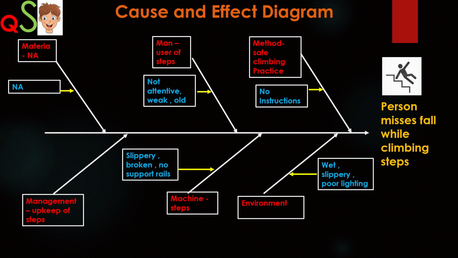Environment, poor lighting, wet surface, worn out steps would mean more likelihood of fall. Management, it could be a maintenance management of staircase, that is upkeep of steps, lighting to avoid undesired outcome, etc.